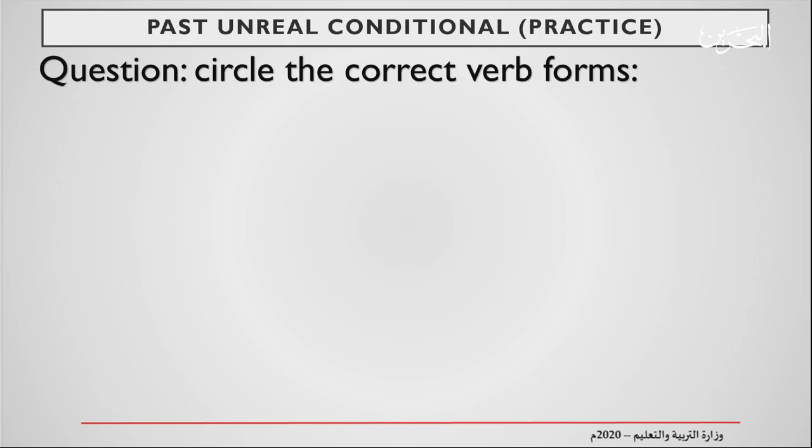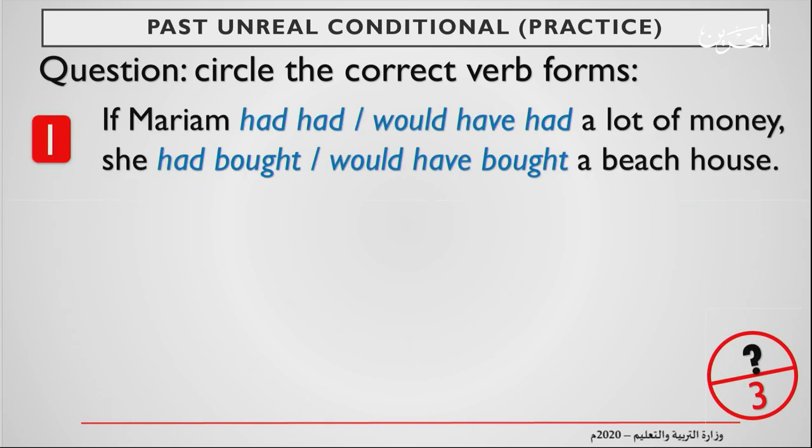Circle the correct verb forms, and you have a mark of 3. The first one: if Maryam had or would have had a lot of money, comma, she had bought or would have bought a beach house.